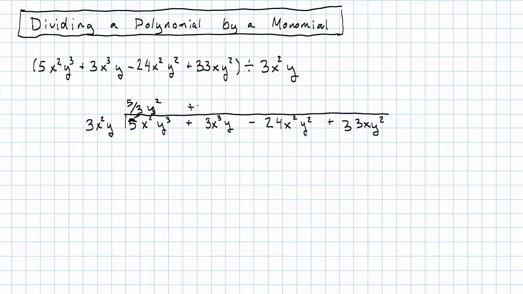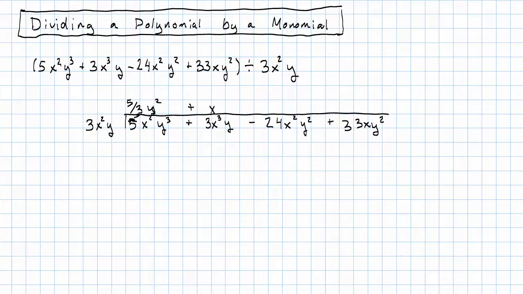Next term. 3 divided by 3 is 1. I don't need to write the coefficient 1. X to the third divided by x squared, that's going to be just x to the first. Y divided by y, again, just 1, no need to write it down. Next term.